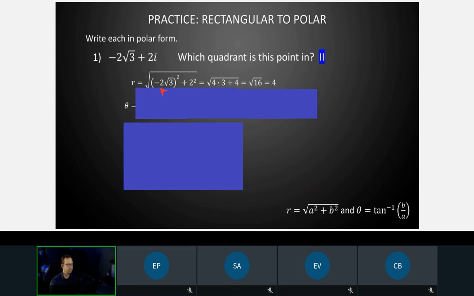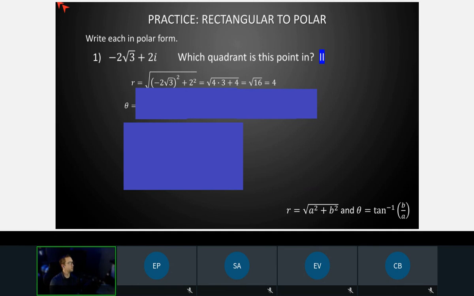It matters. So you're squaring the -2, you're squaring the rad 3, and that's how my work by hand looks. 2 squared is 4, and then we just keep doing the math. So your R value is 4.